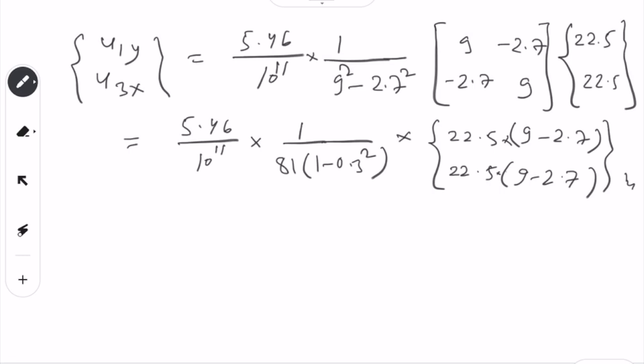So the solution will be equal to, we can simplify, we can find out. So simplification: 5.46 10 to the power 11 and 81, and then this is 0.91.